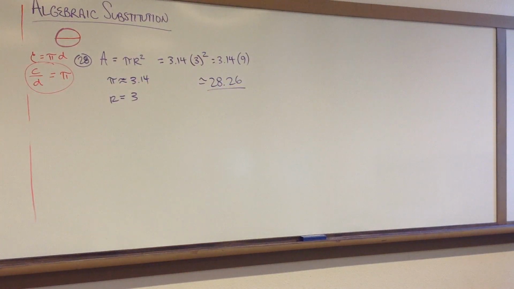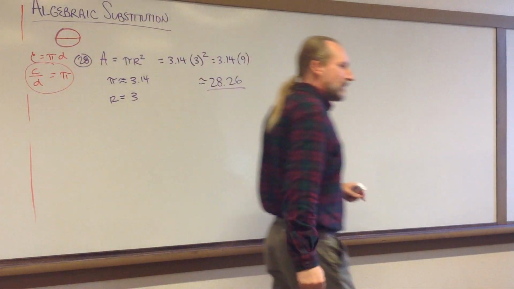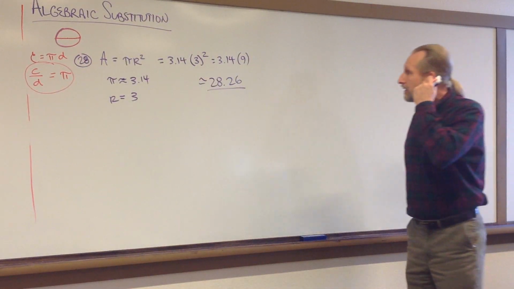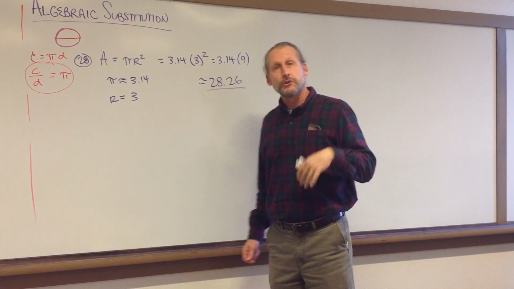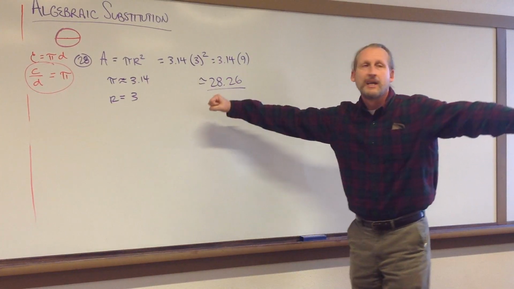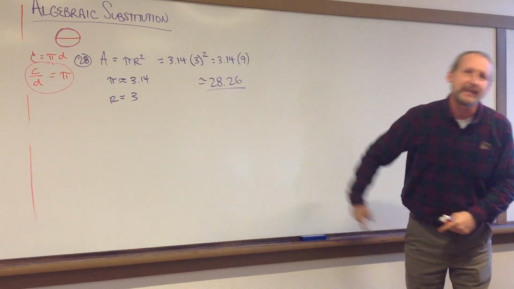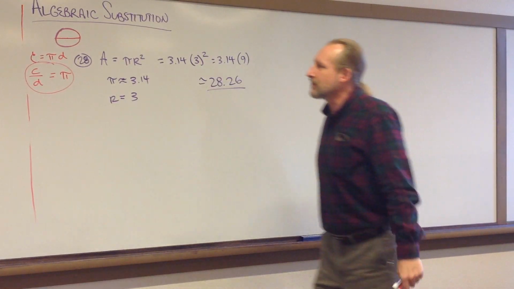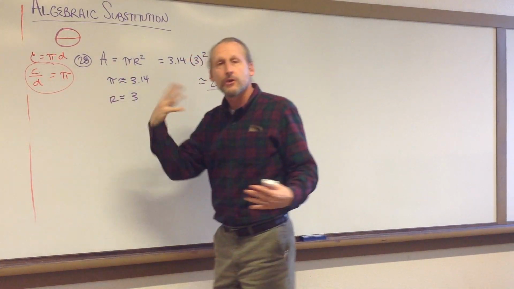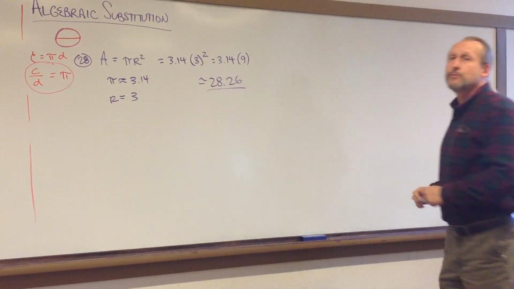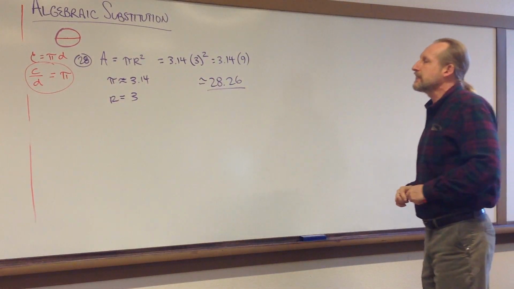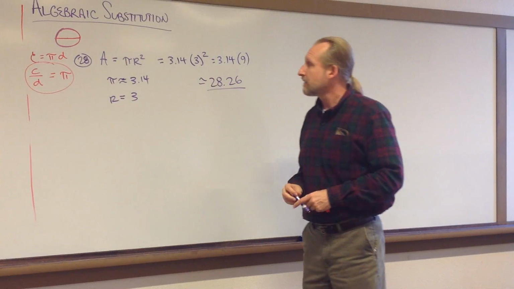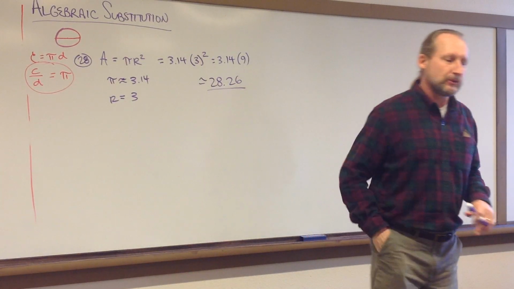There are better ways to calculate that, but this is an activity that a lot of elementary and middle school math teachers use, where they get the kids to get in a big circle like this and they measure around the outside of the circle and they measure across the circle. And the idea is that you should come up with something close to 3.14. It's kind of a fascinating thing, something that human beings have been working on for literally thousands of years.